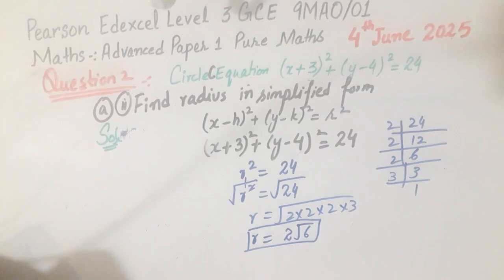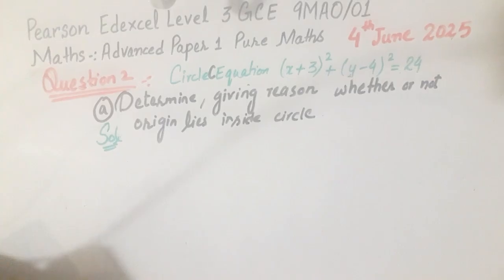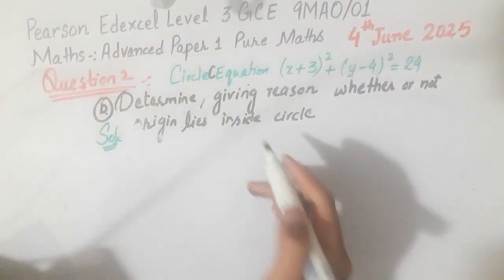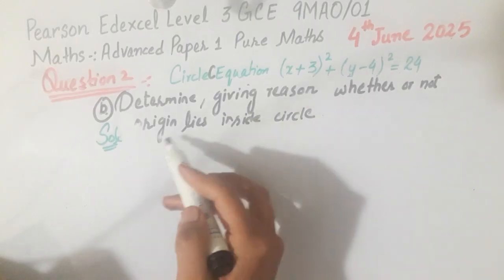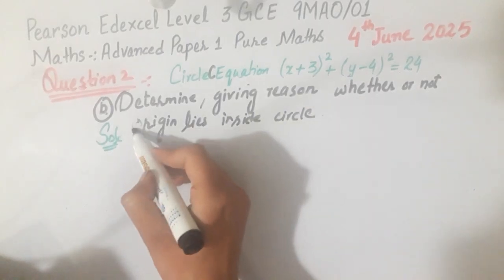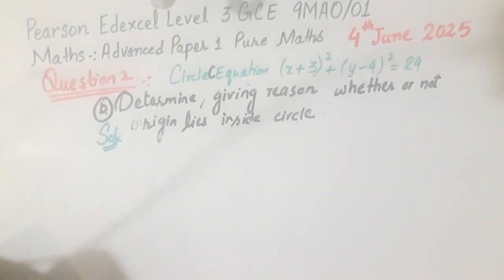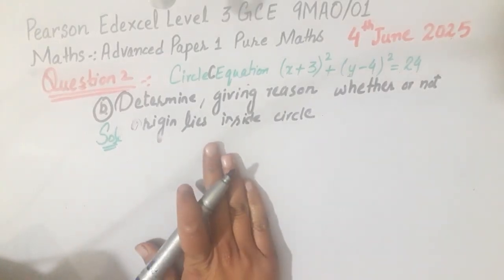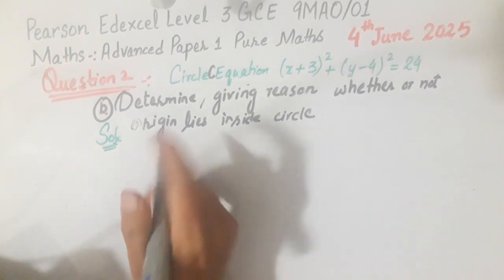Now we will solve its B part. The condition in the B part is: determine, giving reason, whether or not the origin lies inside the circle. So first of all we will define the condition for a point to be inside the circle.